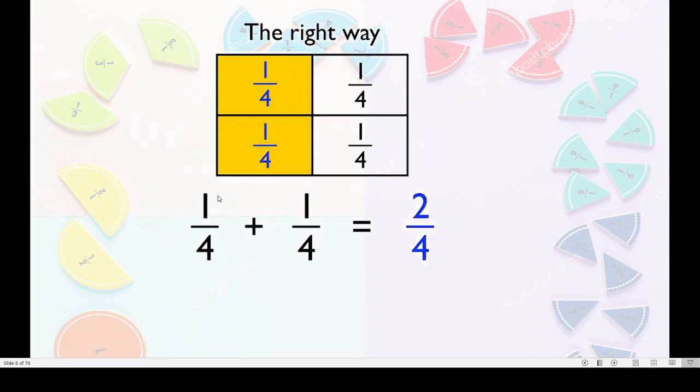Okay, you know that the shaded portion is 1 upon 4 plus 1 upon 4 is equal to 2 upon 4, isn't it? Okay, I will show you one more thing here. Now I will shade the third part also. See this. This is also 1 upon 4, you know. Now, what is the shaded portion? Can you tell me?